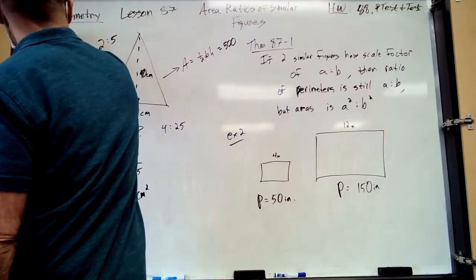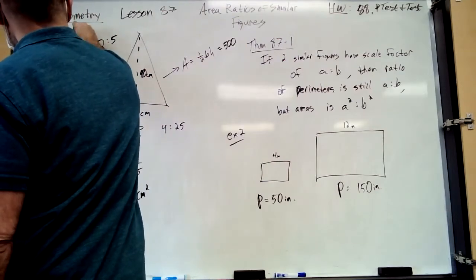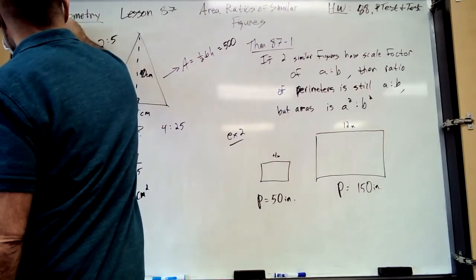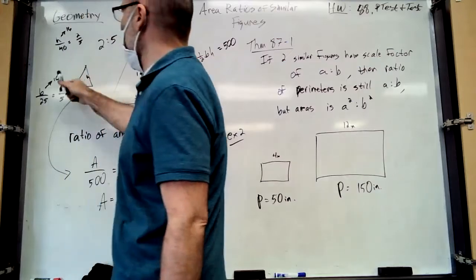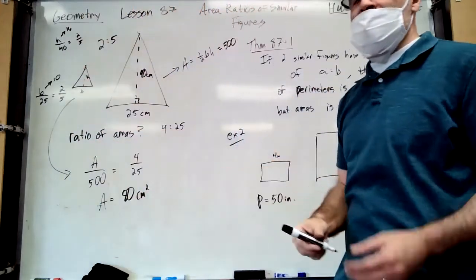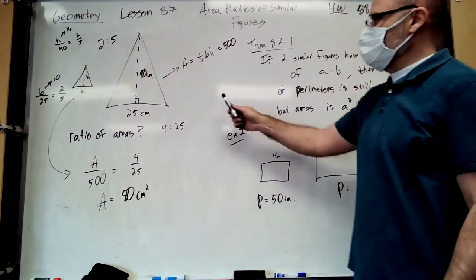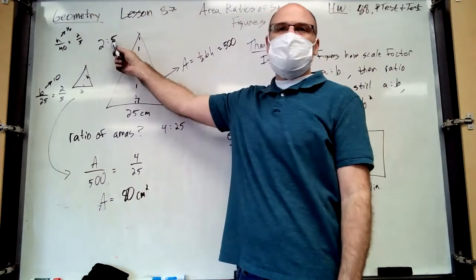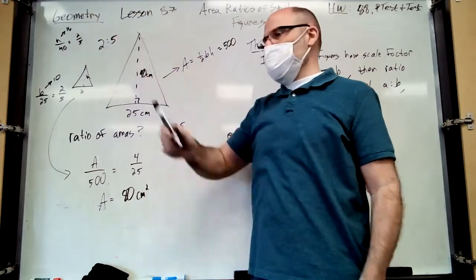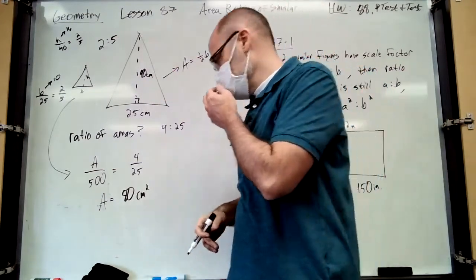H is to 40 as 2 is to 5, so that would be 16. Then you can multiply 5 times 16, which is 80, or one half base times height. See how there are multiple ways to do it? But if you already have the area here and you have the ratio, just pop it into that fish method and you'll be fine.